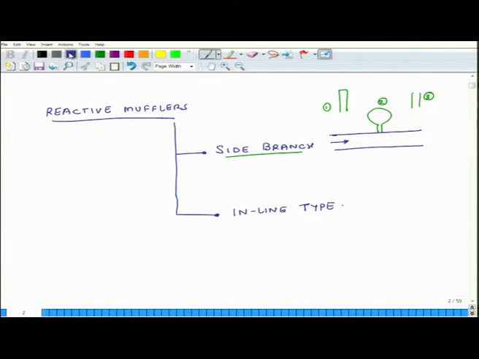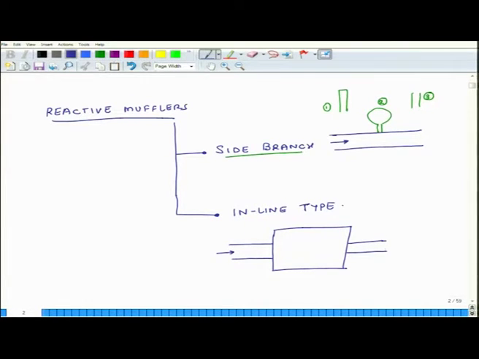Now, the other category of muffler could look something like this. So, I have a pipe, and then I put a bigger cylinder, and then I have an exit pipe.